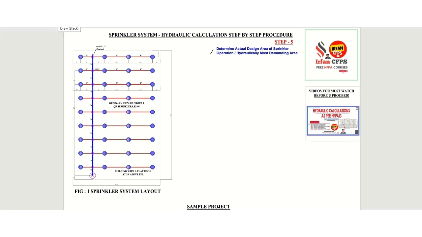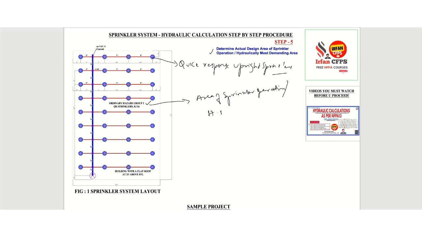As I already told you before, we have considered quick response upright sprinklers in this project, and for ordinary hazard group 1, the area of sprinkler operation or hydraulically most demanding area will be 1500 square feet.